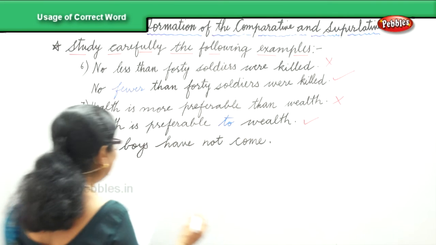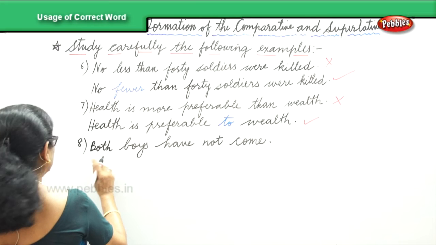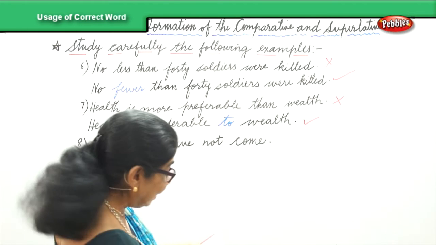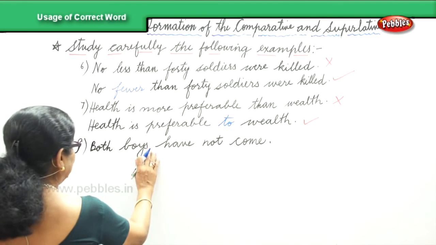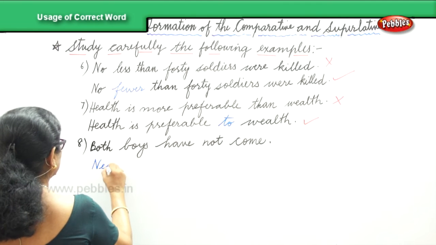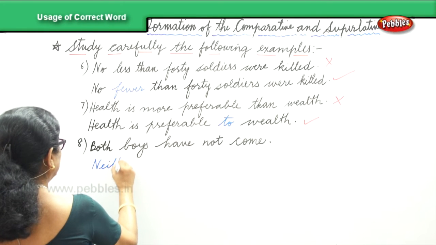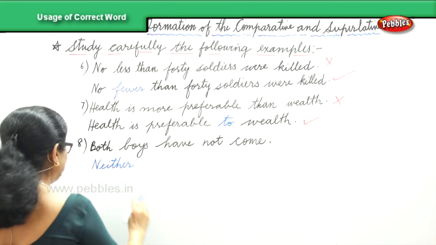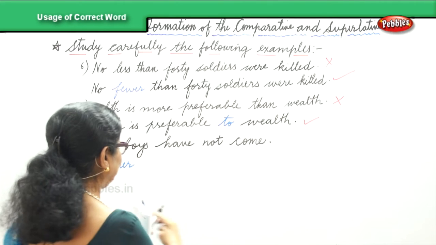What must you say? Neither. You cannot say both boys. You must say neither boy. You cannot say boys, boy. So neither. Neither boy has come.